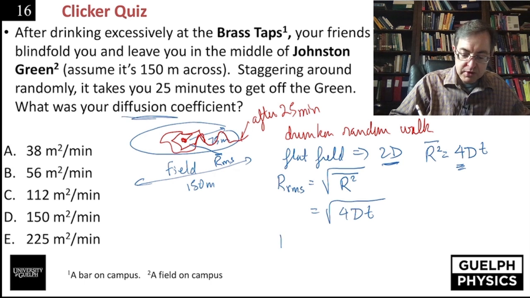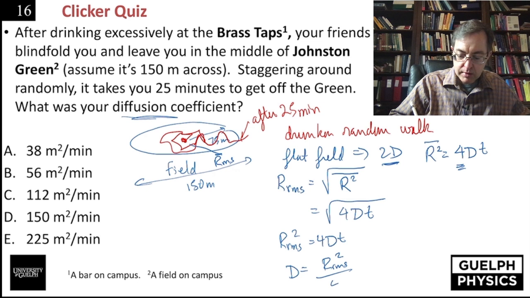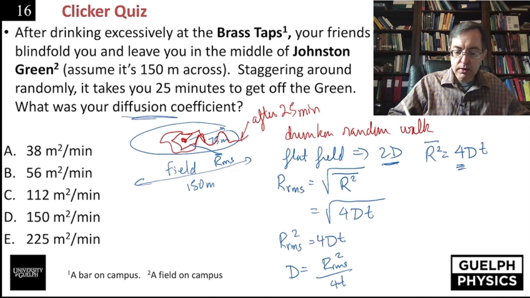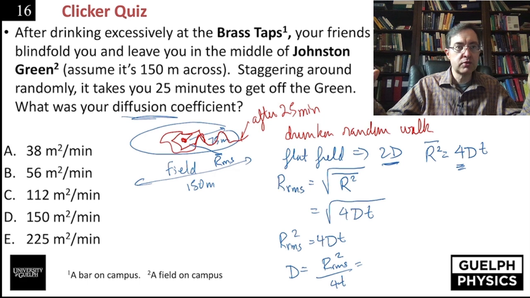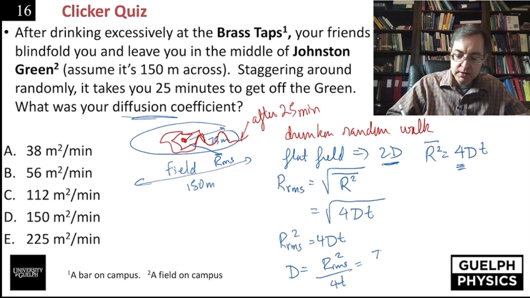So I square both sides, and I solve for D. And then I know what the RMS distance traveled is. That's the radius of Johnson Green. So that's 75 meters squared. And I have 4, and I'll put in 25 minutes.